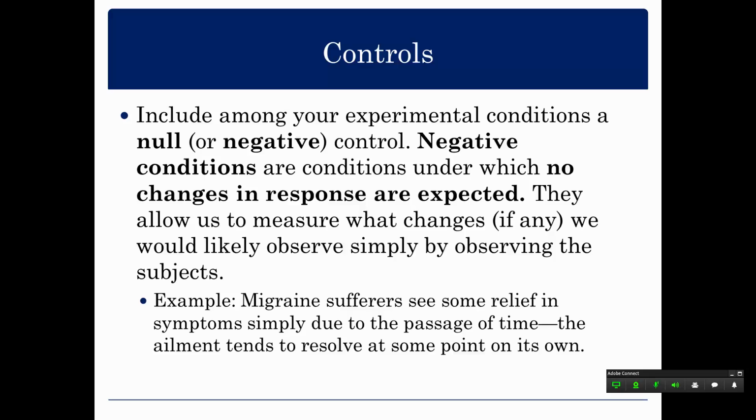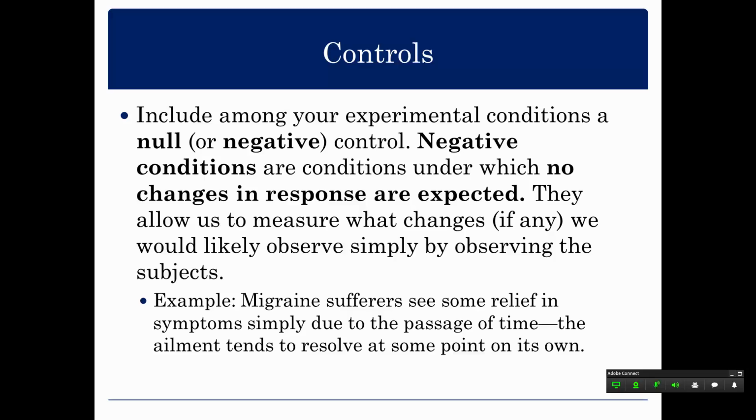So these negative conditions or null conditions are conditions under which you really wouldn't expect a change in response. Or if you see a change in response, you can attribute it to a natural progression of the disease or the ailment. So it may get worse or it may get better over time, just as a function of the disease itself. These kinds of controls allow us to measure what changes, if any, we would observe simply by observing the subjects.